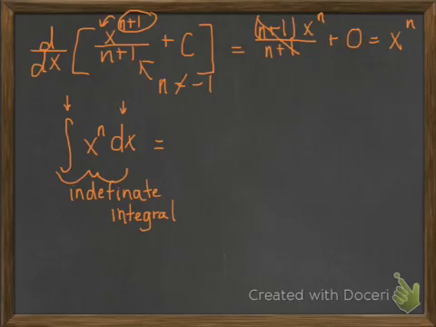Now, when we do this, we know that we answered it at the top. So basically, it's x^(n+1) over n+1 plus a constant, because we want to make sure we cover all bases on any number added to this x. And remember, this n cannot equal negative 1, because then it would make it undefined.